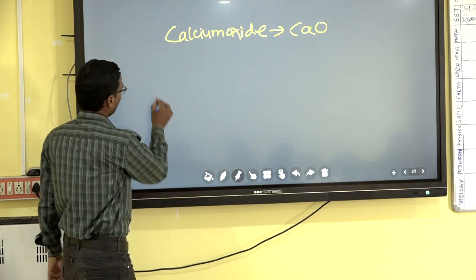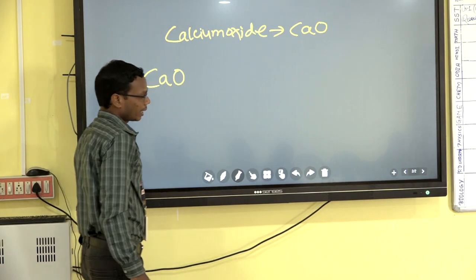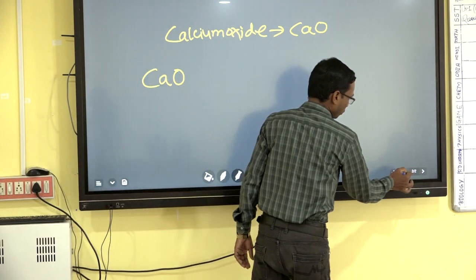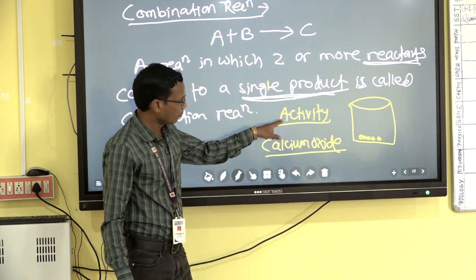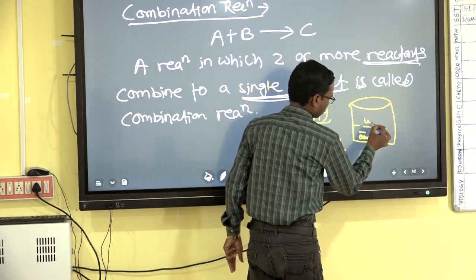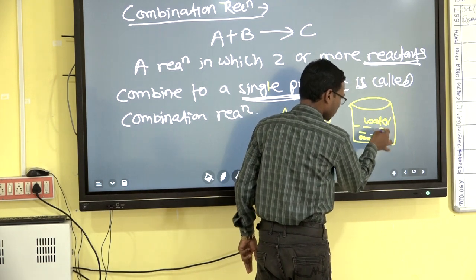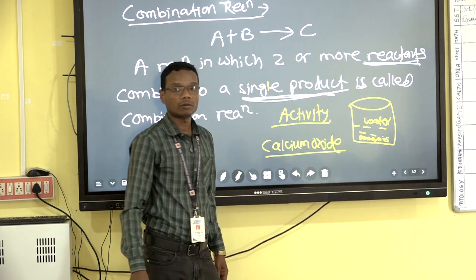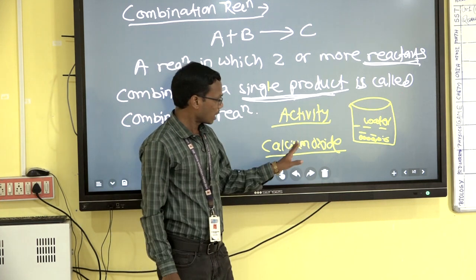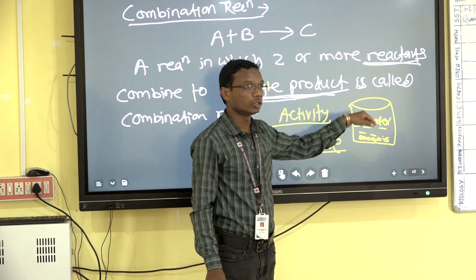Yes or no? Now, CaO is the reactant, and we have to add water in this beaker. What is our activity? First, you take calcium oxide and add water to this.